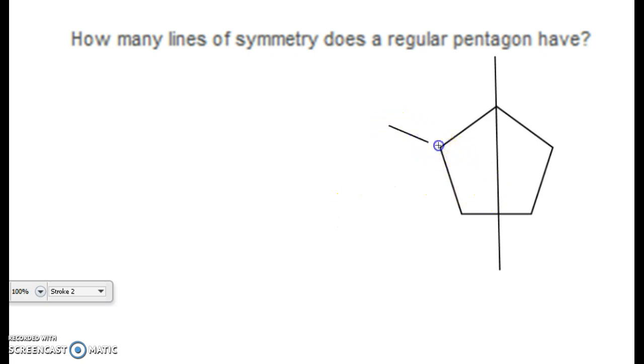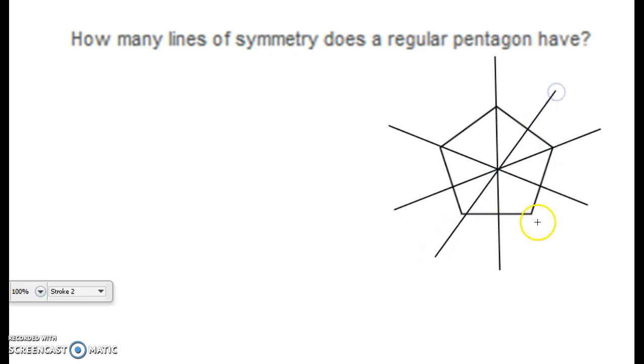We could do the same thing this way. We could fold it right there. We could fold it here. We could fold it here. Well, I'm not drawing these lines very straight, but we could fold it at all of those places, and I really should have color-coded these so it was easier to count how many we have.